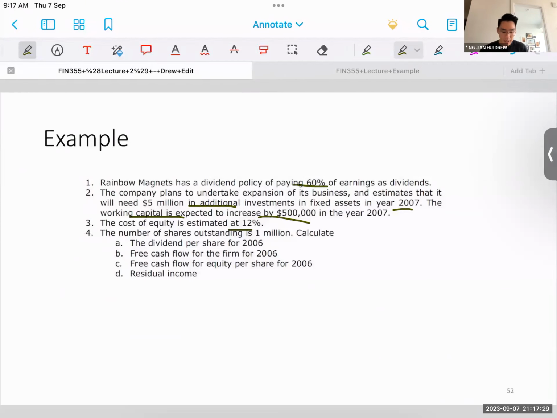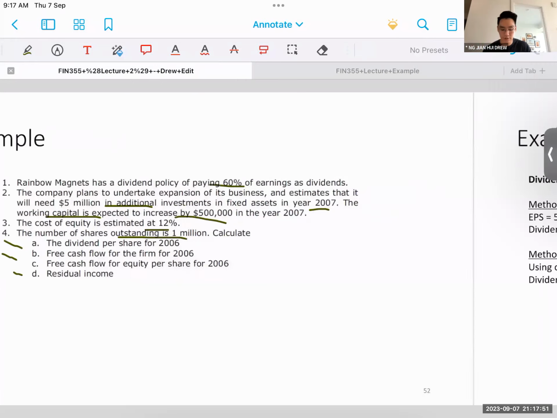Number of shares is 1 million. So you have to calculate the dividend per share, free cash flow for firm, free cash flow to equity, and residual income. So we are covering all the valuation methods that we have talked about. Except actually, no, we are not doing the DDM.